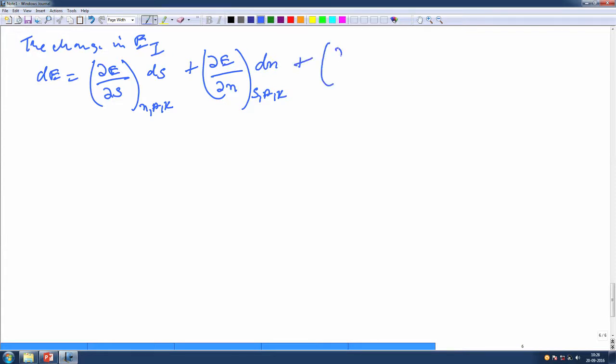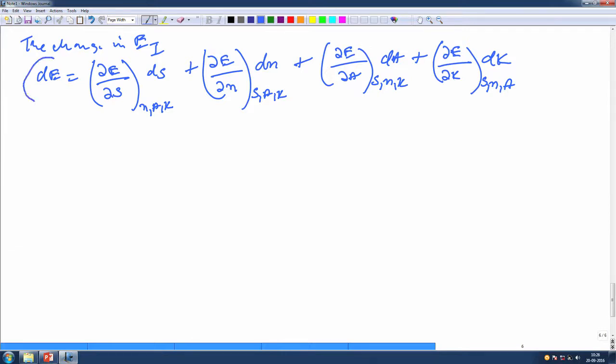Then you have this with respect to A, S, N, K, dA, plus the curvature term. Fine, right. So, what does it tell you?